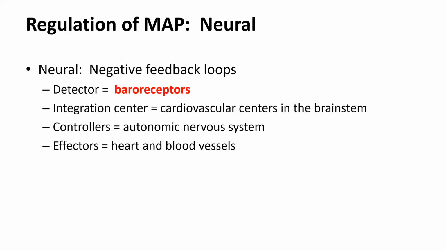We've also got the integrating centers. And these, again, are usually in the brain. Think about the medulla oblongata, think about the pons, and think about the cardiovascular centers that are in these areas of the brain where these messages are being portrayed to. And these centers will send out signals that would correct these stimuli. The next player here are the controllers. So this is basically the autonomic nervous system, right?